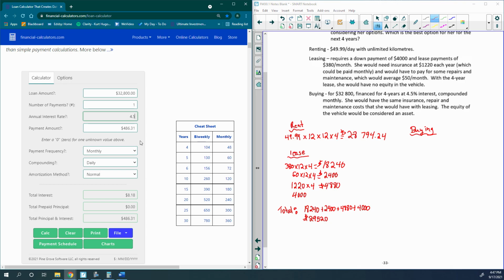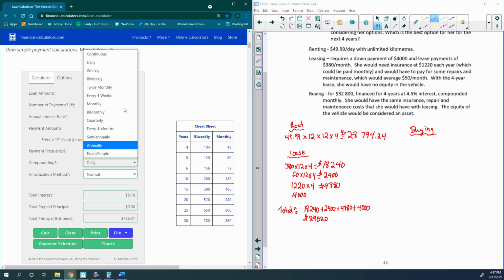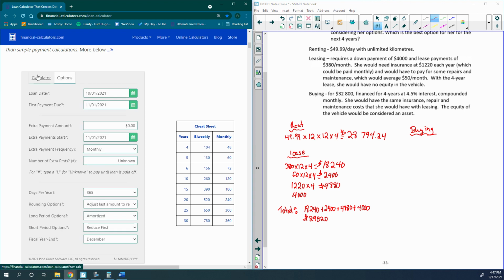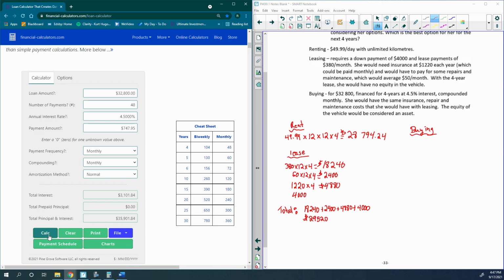So typical loans are also monthly. So 12 months in a year times 4 years is 48 payments altogether. My payments are unknown. Payment frequency is monthly, compounded monthly. Make sure that my dates are still monthly, which they are. Hit calculate.